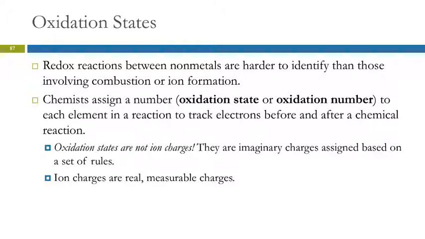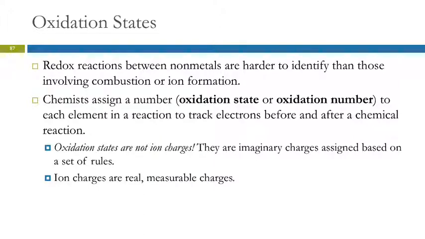And so what we do to keep track of that is we use something called an oxidation state or an oxidation number. Now this is something that we just made up to help us keep track of what's being oxidized and what's being reduced. It's just a method of tracking electrons. It's very important to remember that oxidation states are not ion charges.